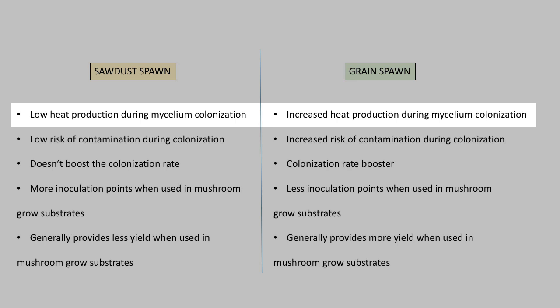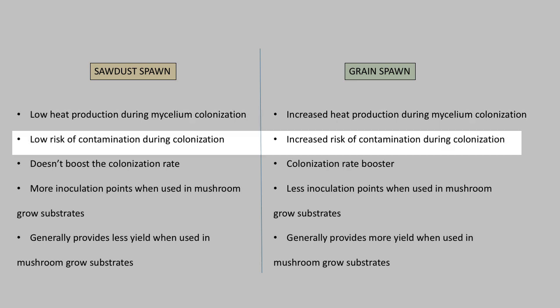Now, this isn't a good thing just because it increases the contamination risk and in some extreme cases could kill the mycelium. So this is way more pronounced when you're doing grain spawn, while it's not that pronounced when you're going to focus on sawdust spawn.